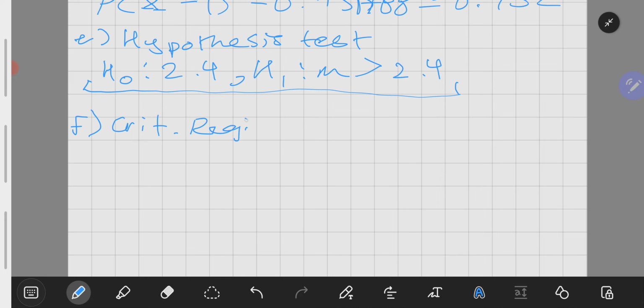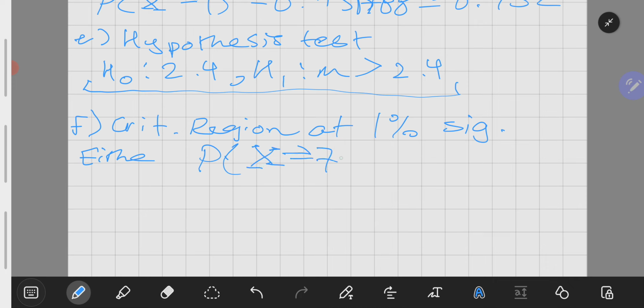And for question F, we're asked to find the critical region at 1% significance. To do this, we either find the probability for a function greater than or equal to 7, or greater than or equal to 8. Now this is one of our options.